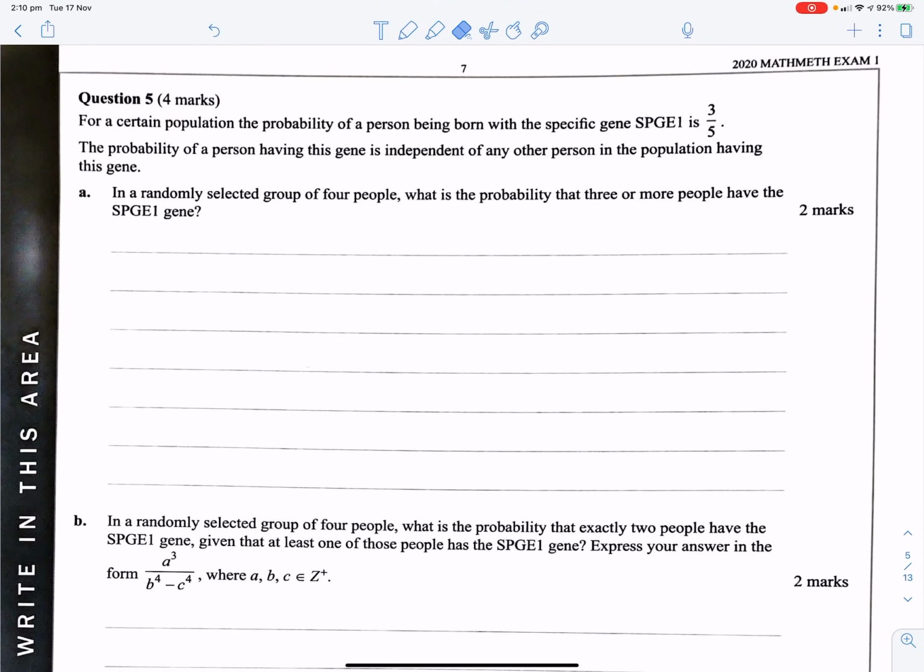More probability. Awesome. For a specific population, the probability of a person being born with a specific gene is 3/5. The probability of a person having this gene is independent of any other, so we know it's binomial. In a randomly selected group of 4 people, what is the probability that 3 or more people have that gene? So let's say X is the gene. It's binomially distributed.